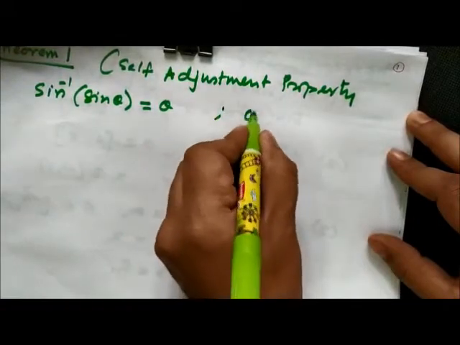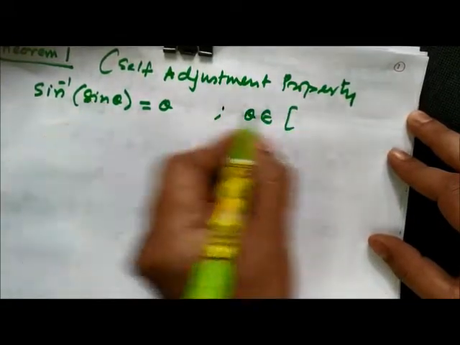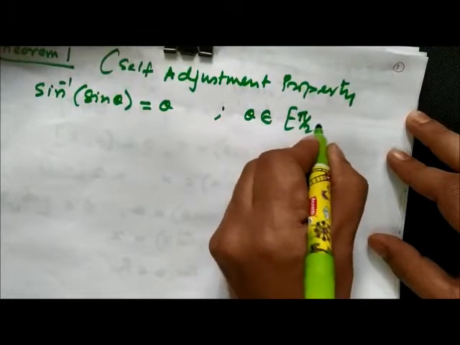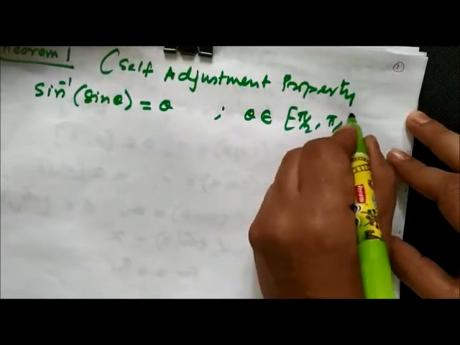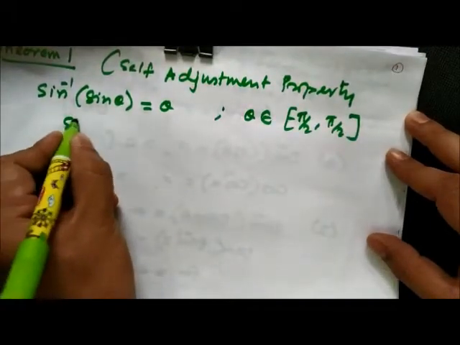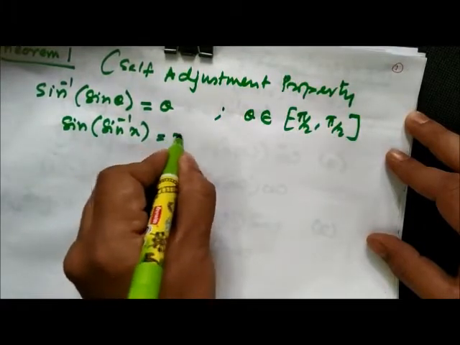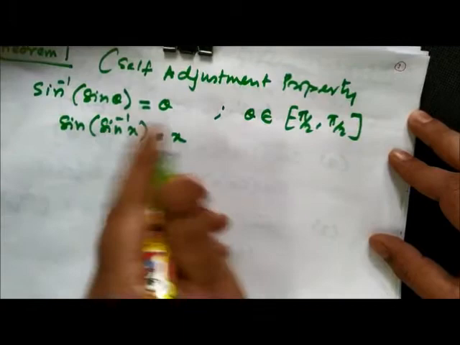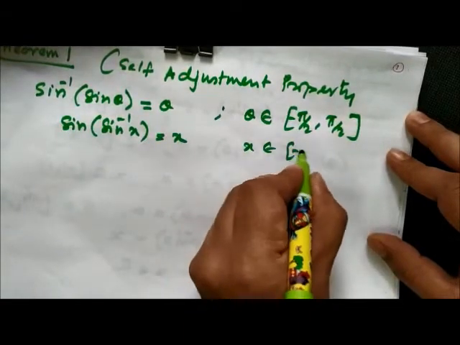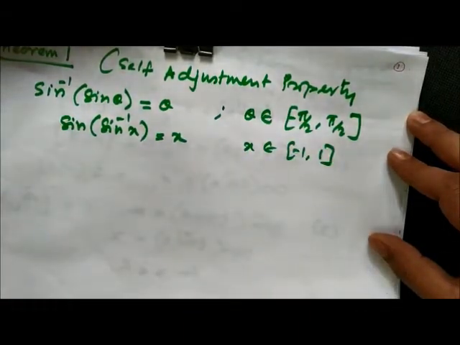What is this theta? This theta belongs to the principal domain for the sine inverse. Or I can write this as sine of sine inverse of x equals x. What is the domain for sine inverse? Your x belongs to minus 1 to 1.